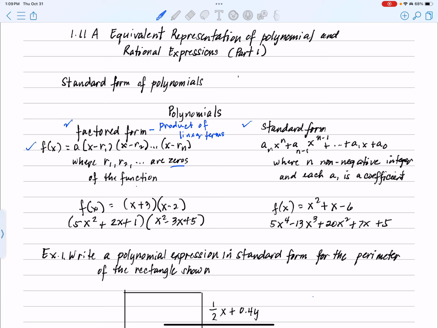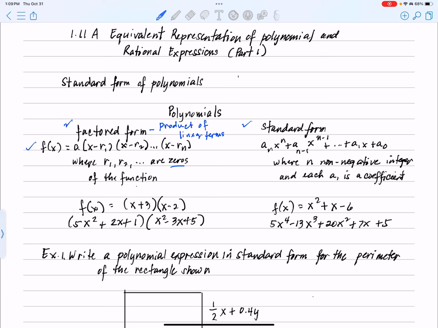What can we get if we have the polynomial in factored form? In this form, we could easily get the real zeros by setting each factor equal to 0 and solving for x.